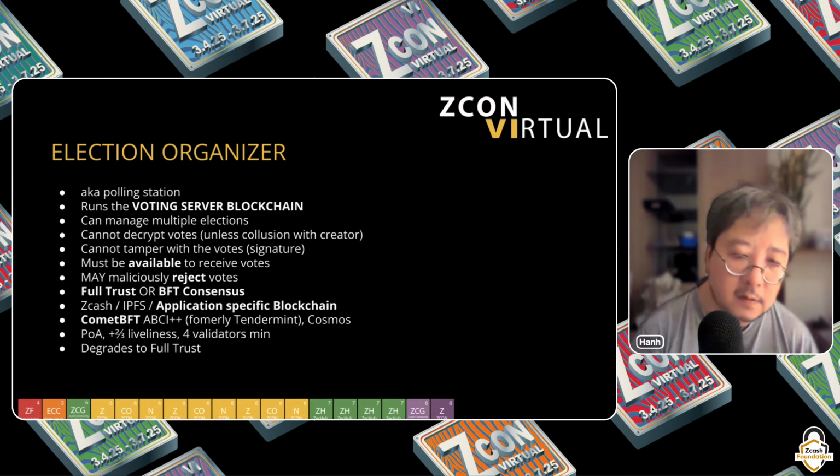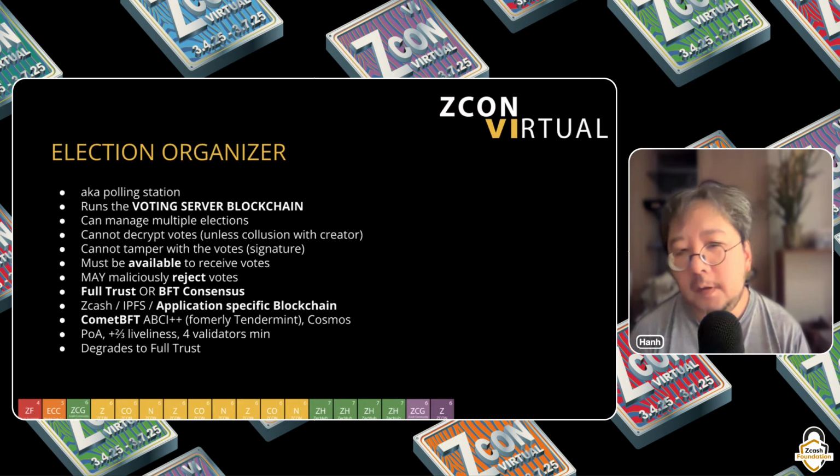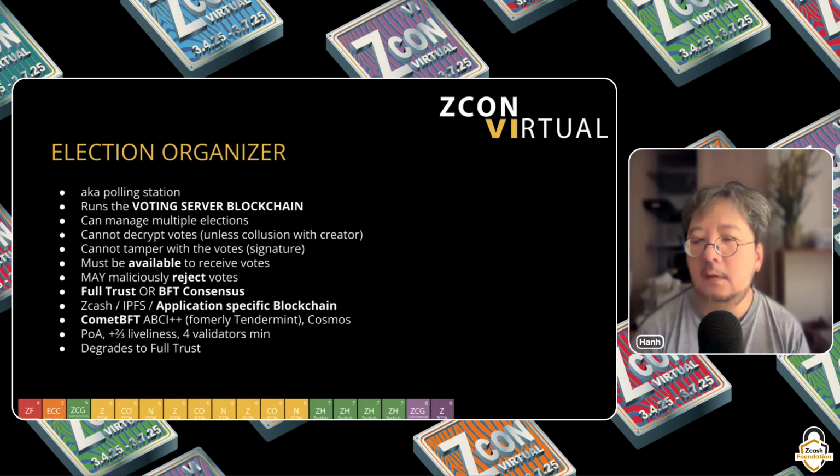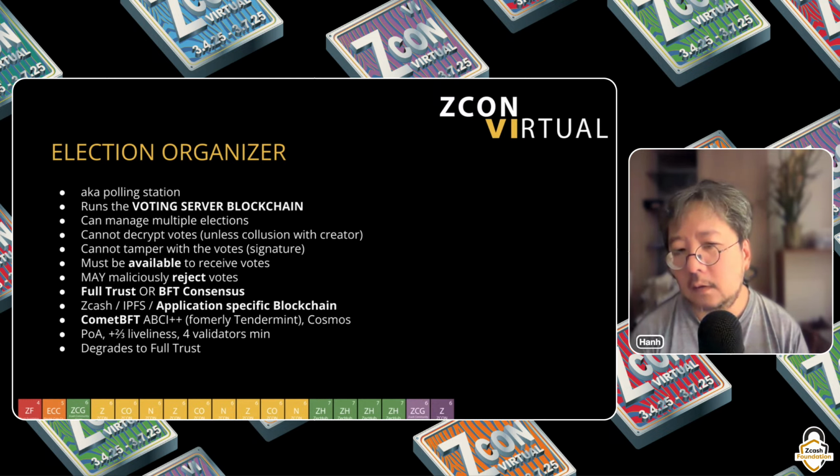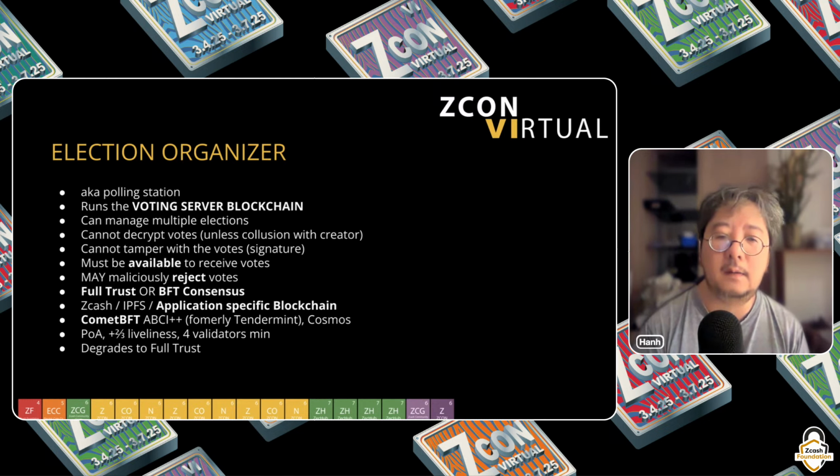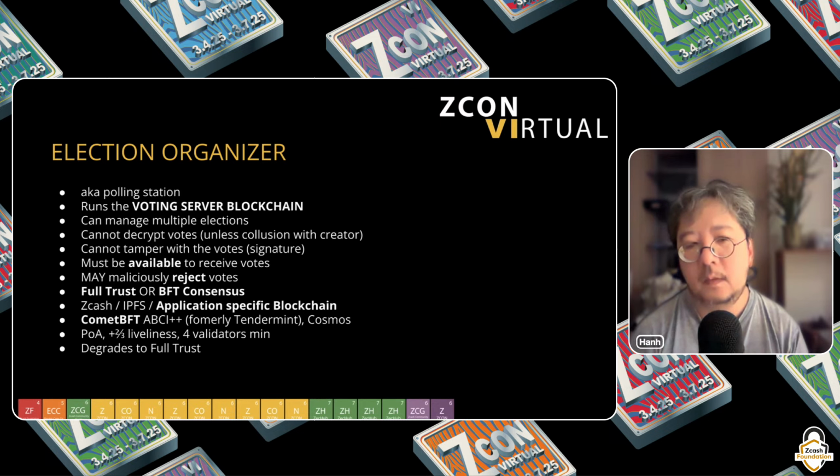To be clear, we're not putting our stuff on IBC. You do not need to have ATOM, which I think is the crypto for Cosmos. This is not using the Cosmos blockchain. This is using the same software, if you want, that Cosmos uses, but it's creating its own application blockchain.